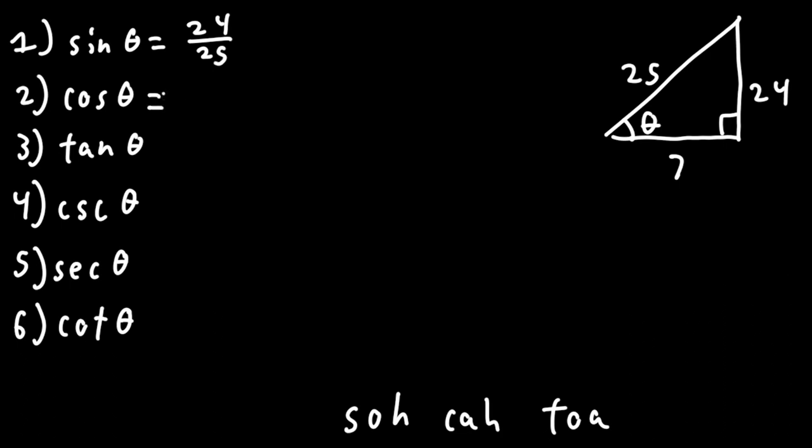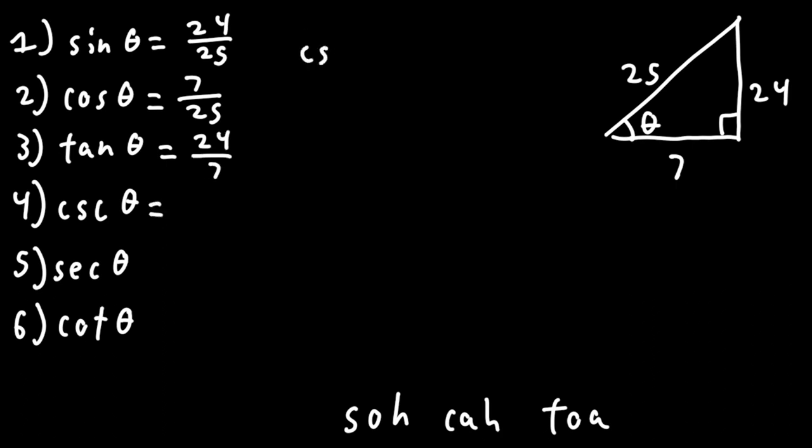Cosine of theta is adjacent over hypotenuse, according to SOHCAHTOA. The adjacent side of theta is 7. The hypotenuse is 25. Tangent of theta is opposite over adjacent. Opposite of theta is 24. Adjacent to it is 7. So tangent is 24 over 7.